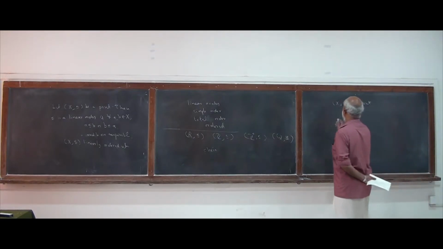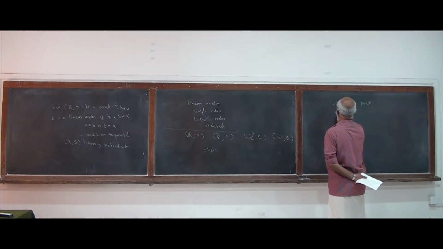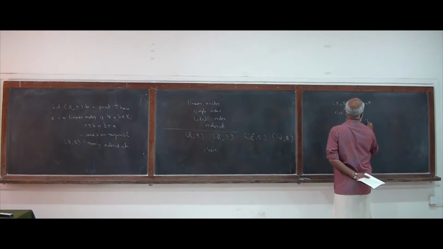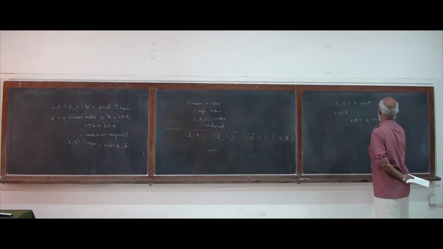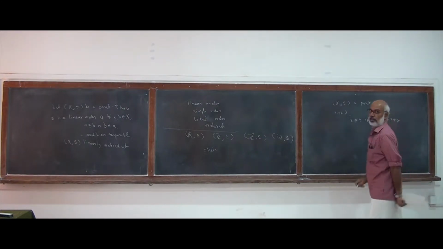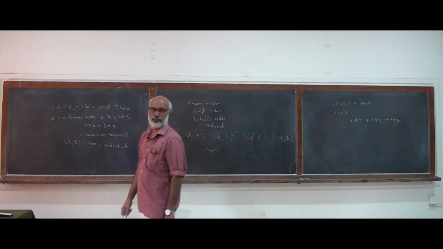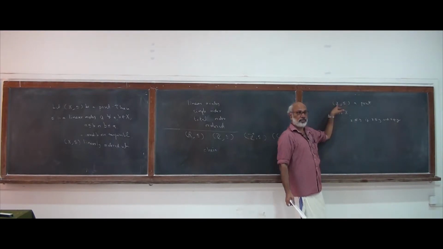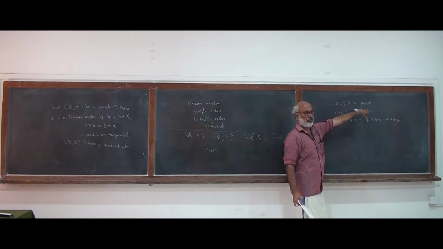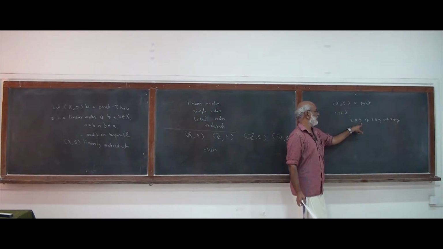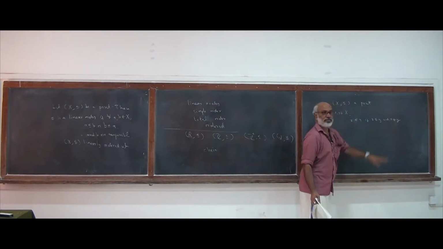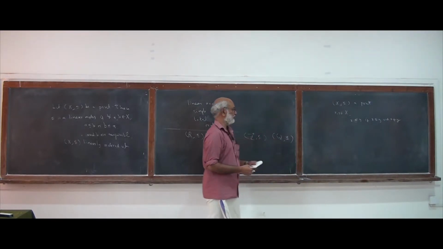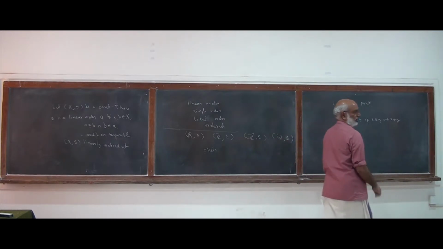Now, we can define another relation: for x, y elements of X, we define x less than y if x is less than or equal to y and x is not equal to y. X is a set and ≤ is a partial order on X. Therefore, (X, ≤) is a partially ordered set or a poset. So this is called x is less than y.